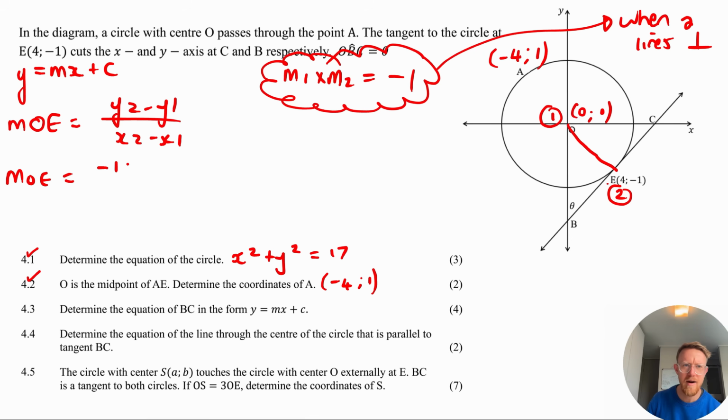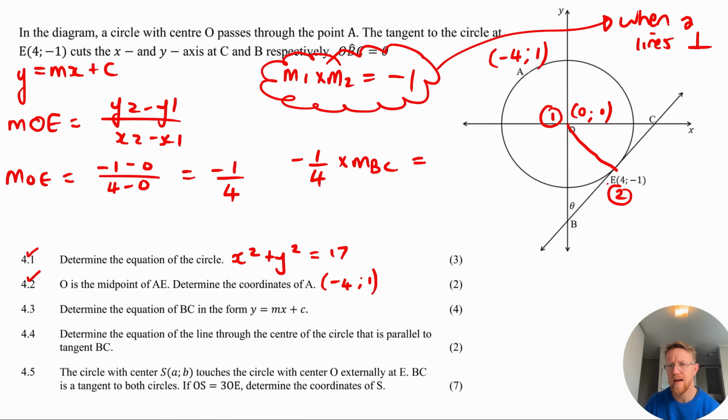So we can say minus 1 minus 0 over 4 take away 0, and this should give us negative 1 over 4. So now we can use this formula: negative 1 over 4 multiplied by the gradient of BC should equal negative 1. To solve this, you can say negative 1 divided by negative 1 over 4, and the answer should be 4. So now we have the gradient of this line over here.